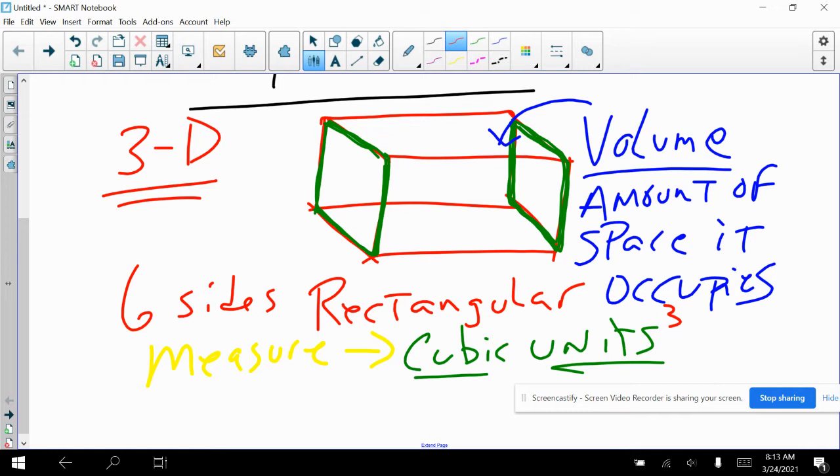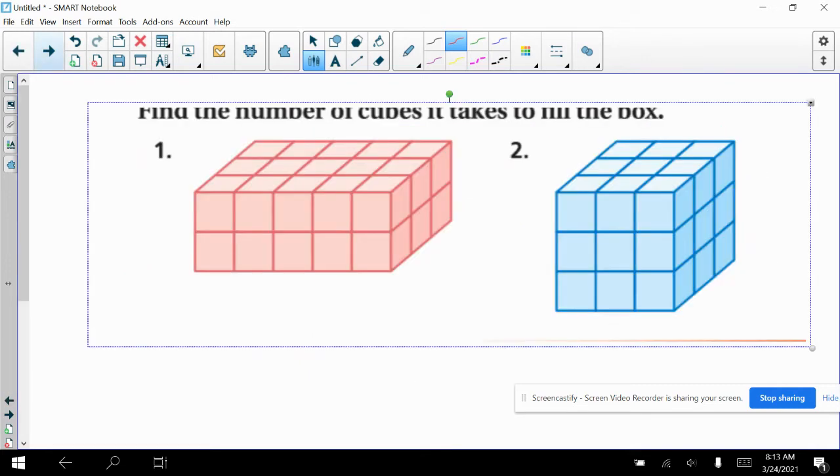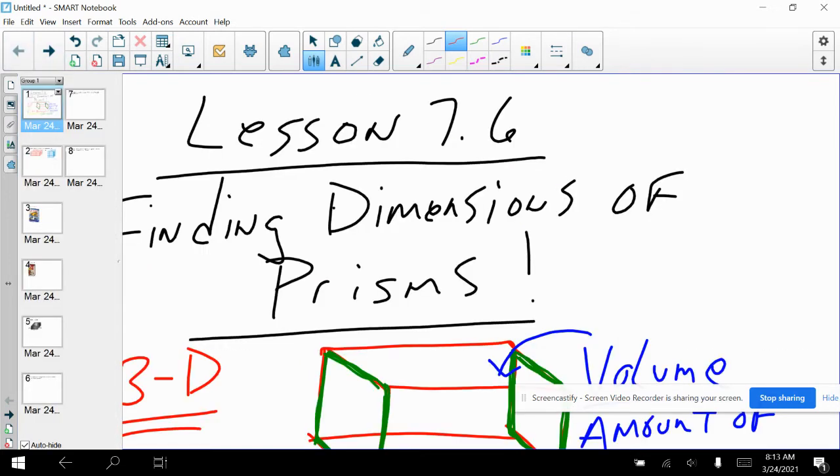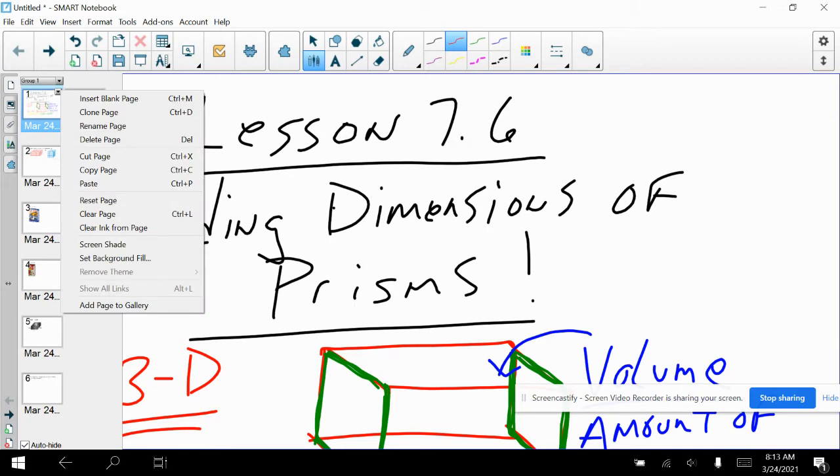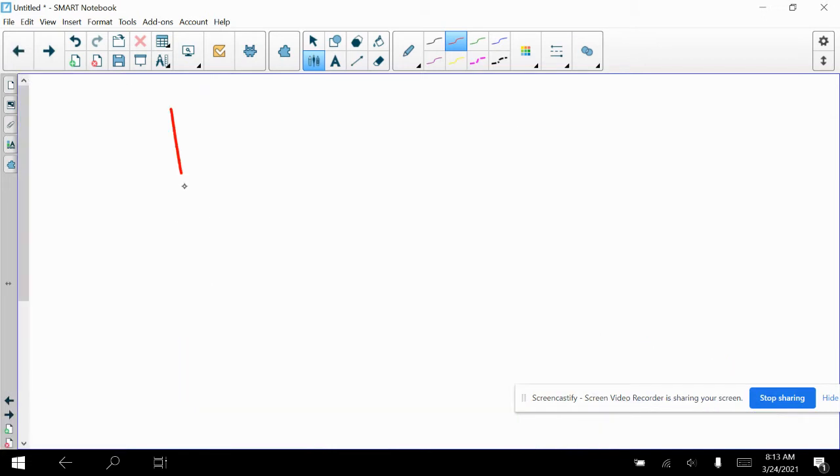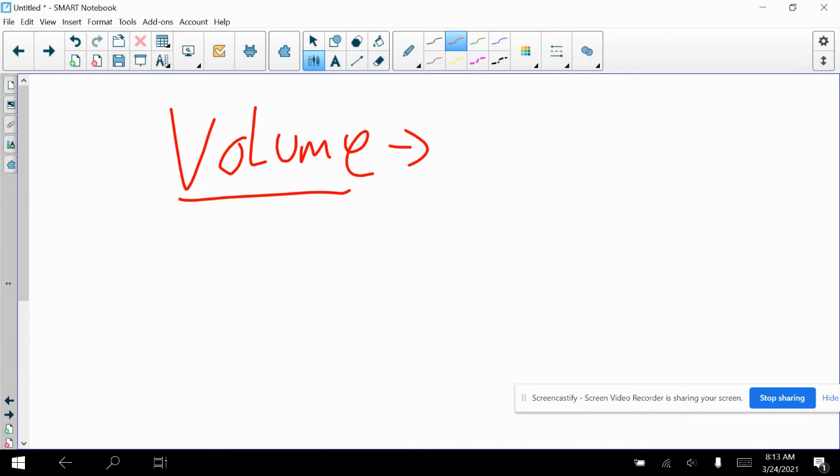All right, if we're talking about volume, what is our formula for volume? The length of something, the width, and the height.